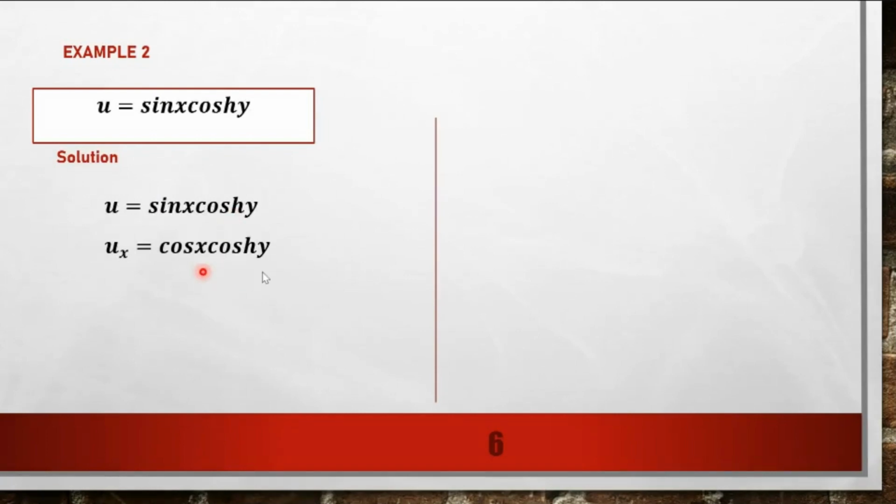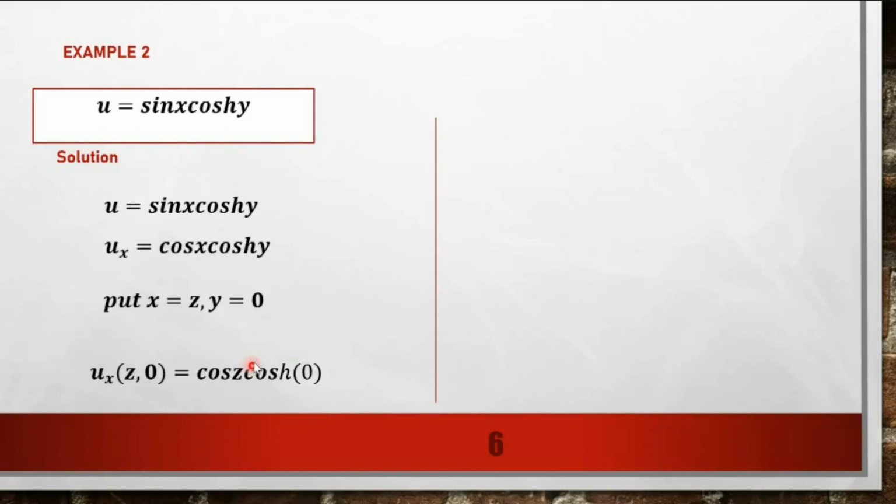Okay, again putting x equal to z and y equal to 0. तो जहां पर भी x है उसके बदले z आ जाएगा and जहां पे y है उसके बदले 0. So what I will get? Cos z into cosh 0, क्योंकि हमने x के बदले z put किया है और y के बदले 0.